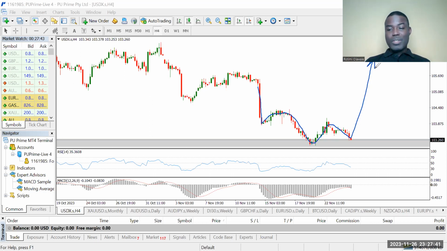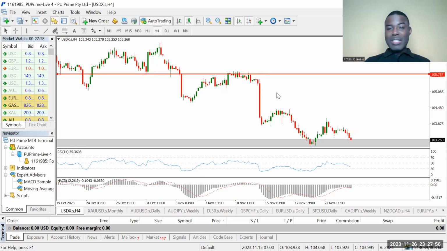So this still tells us that we are expecting the dollar index to go bullish in the course of this week. I'm bullish biased on the dollar index, and on average I expect the bullish movement at least to reach the most recent high up there, if the bullish activity really starts on this instrument.